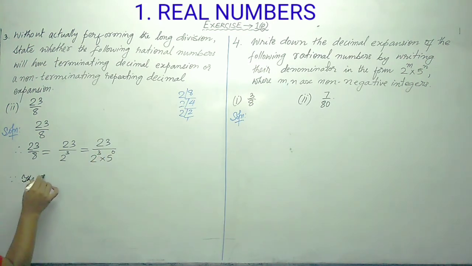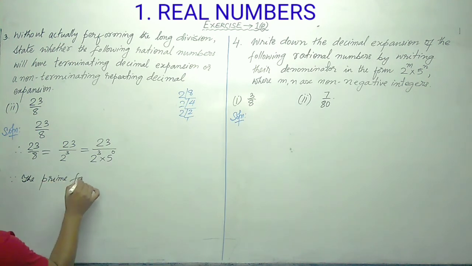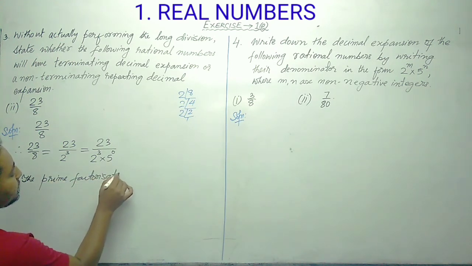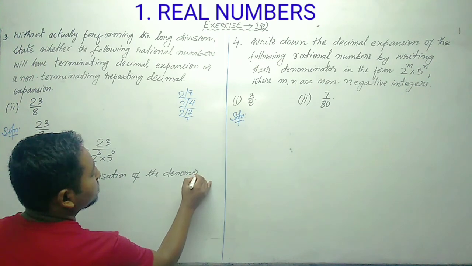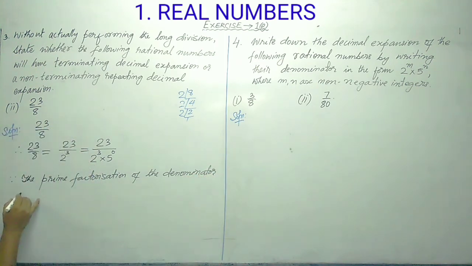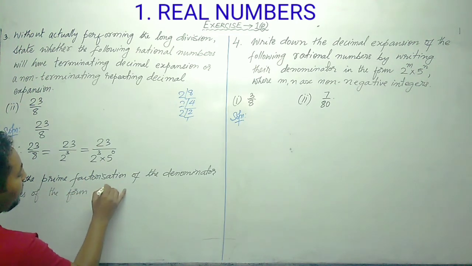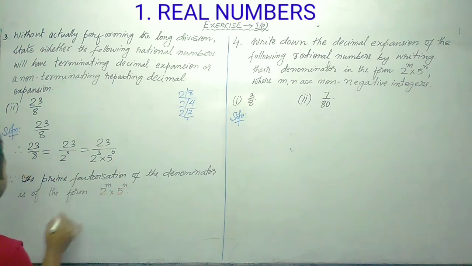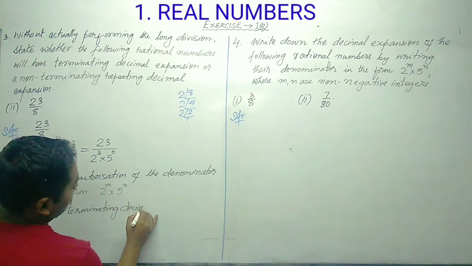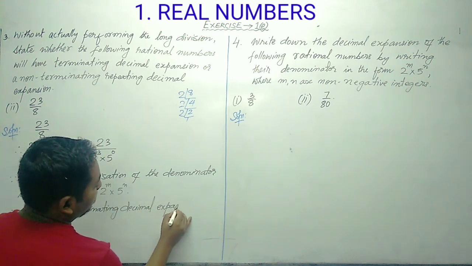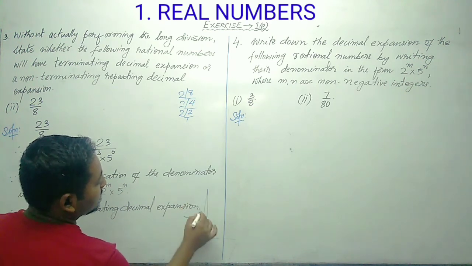Since the prime factorization of the denominator is of the form 2 to the power m into 5 to the power n, therefore 23 by 8 is a terminating decimal expansion.